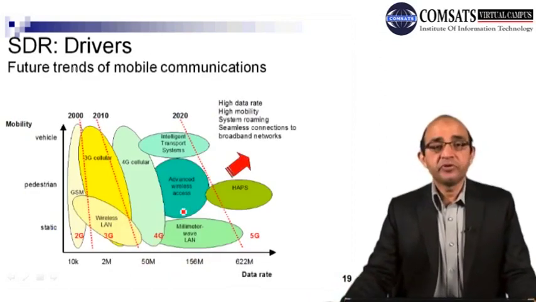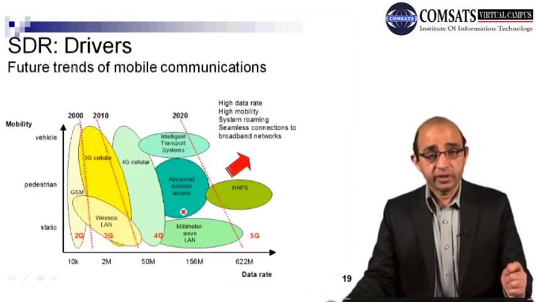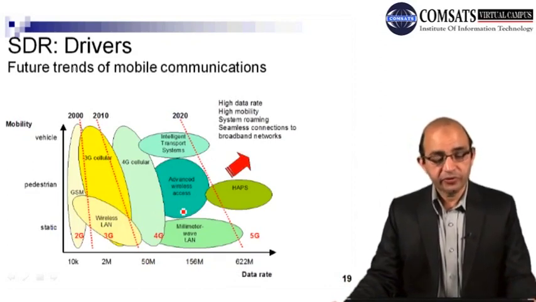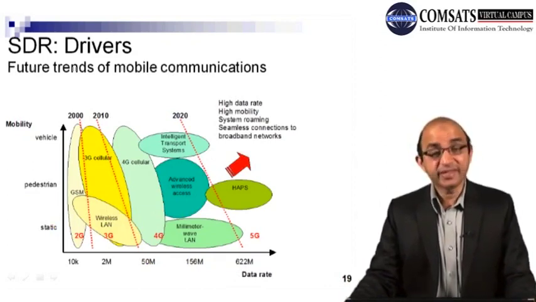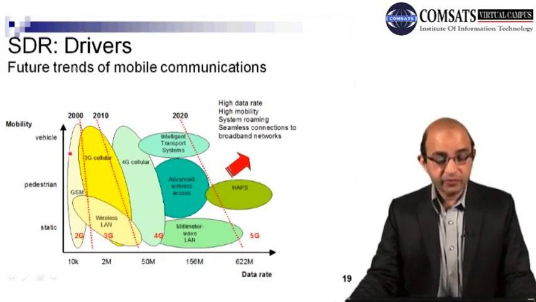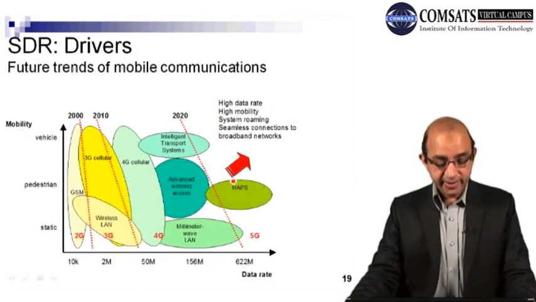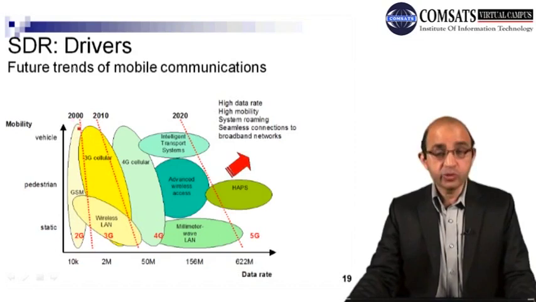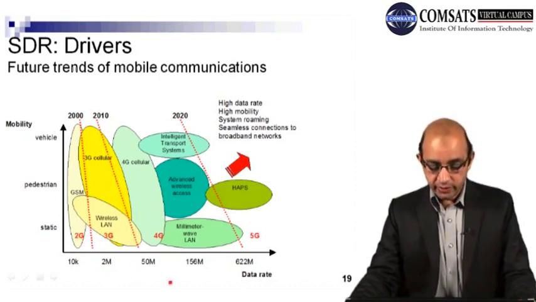So if we talk about future communication trends, when we take into account software defined radio, or flexibility, you can see that here we have the data rate and here we have the mobility, right? So as you can see, the data rate in 2G, and this is 2000, and then the data rate in 2010, an enormous rise in data rate. And as we move on, you can imagine the data rate around 2020.